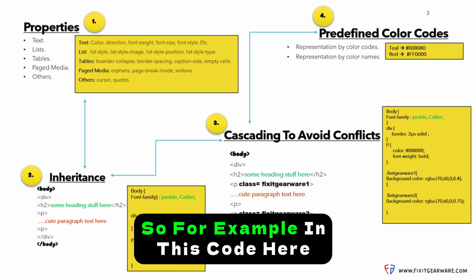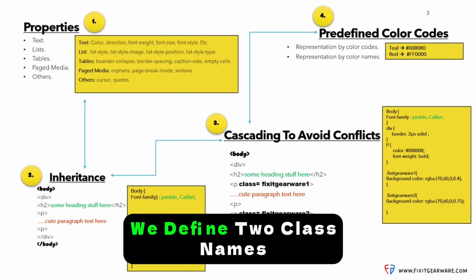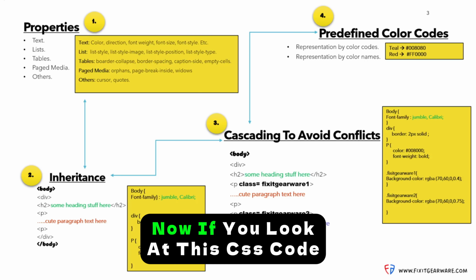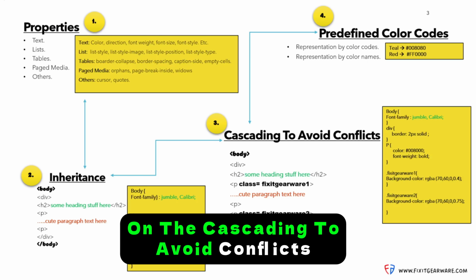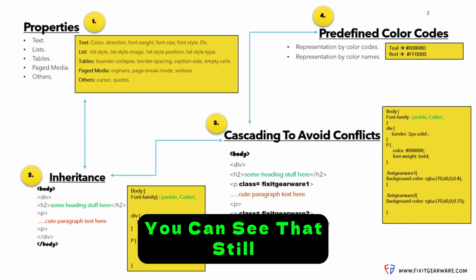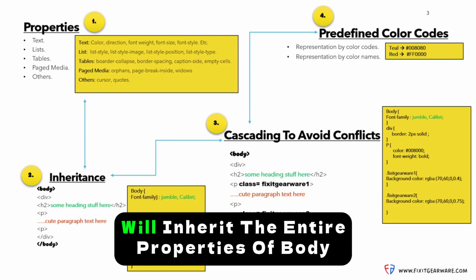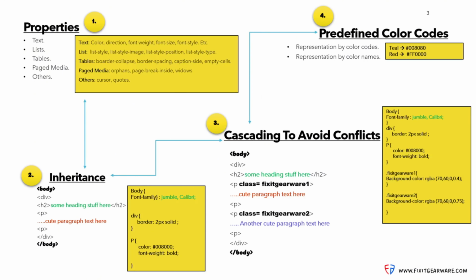So for example, in this code here, we define two class names, Fixitgearware 1 and Fixitgearware 2. Now, if you look at this CSS code on cascading to avoid conflicts, you can see that these tags that exist in this HTML code will still inherit the entire properties of the body.